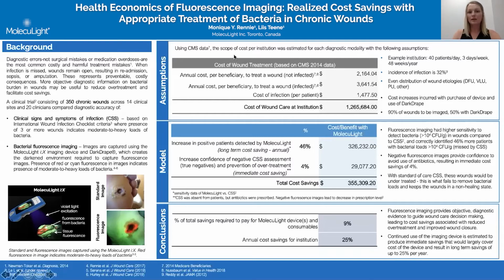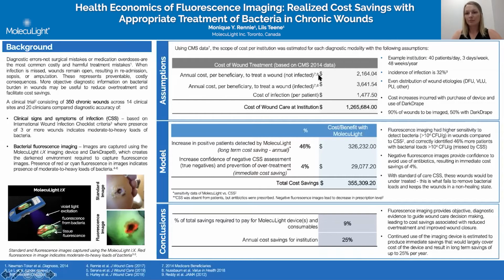You can see here in the assumptions that the annual cost of a wound without infection is just over $2,100. However, when a wound is infected, the costs increase dramatically. The incremental cost of an infection is just under $1,500.